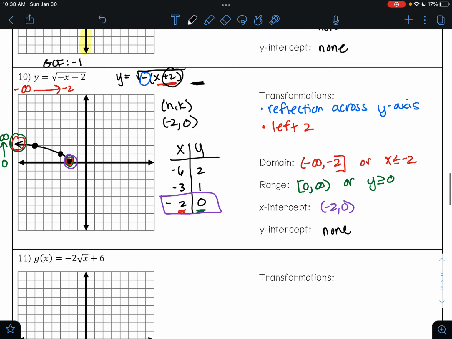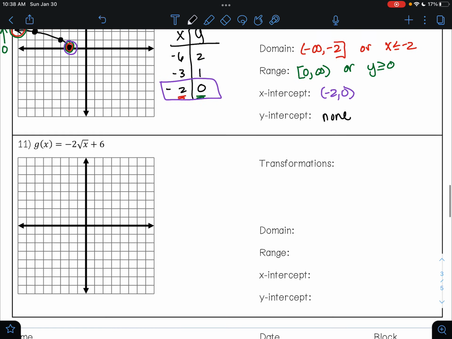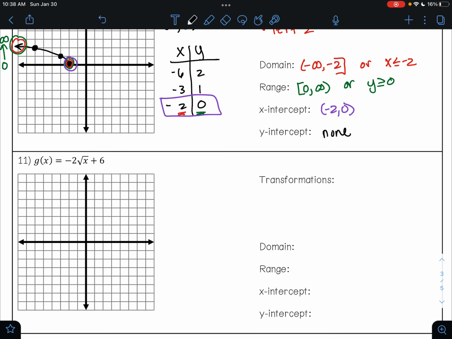Let's go ahead and look at our last example, example 11. On example 11, the first thing that I notice is that I have a negative for my a value, and so that tells me I'm going to have a reflection across my x-axis. I also see that my a value includes a 2, so that tells me that there has been a vertical stretch by 2.